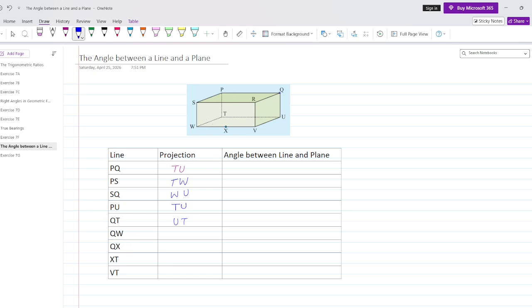QW is this diagonal. And the projection of this diagonal is going to be UW, which is this line. QX. QX is this line. Its projection is going to be this line, UX.